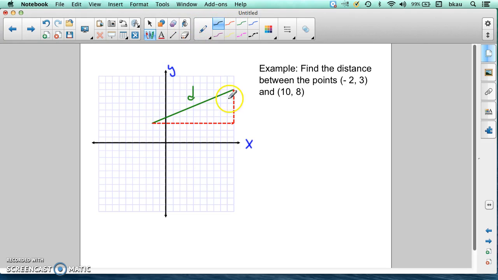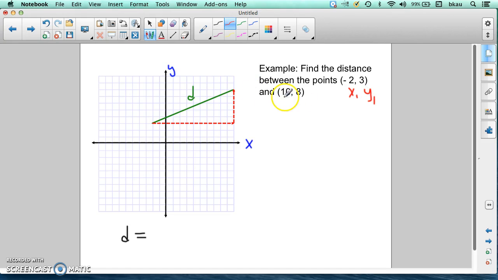We have d equals, okay, now we need to label the 2 points that we have here. Let's just label them in order as I see it. So I'm going to put this as x1 and y1.